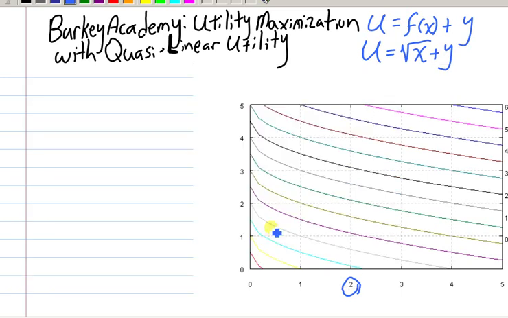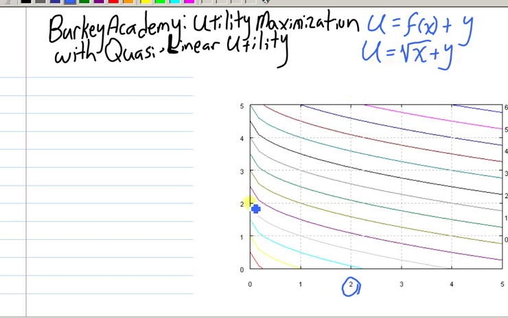Now, with quasi-linear utility functions, they do intersect the y-axis and the x-axis. If you look at this gray one here, this is the indifference curve for two utils. It intersects the y-axis here at y equals 2, because if y equals 2 and x equals 0, utility will equal 0 plus 2.